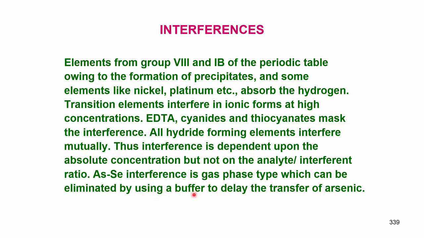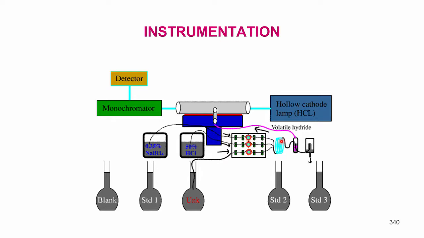We just have to use a technique, that is using a buffer. What we do is we use a buffer to delay the arsenic evolution. Then you do the selenium and then you do the arsenic, then you can determine both of them in the same sample.